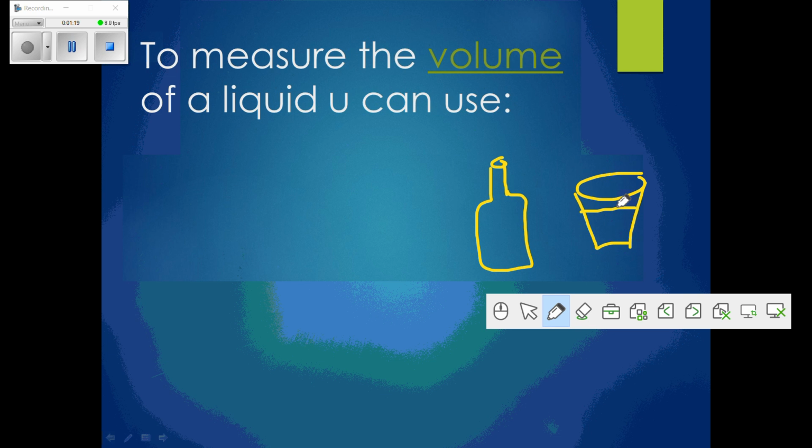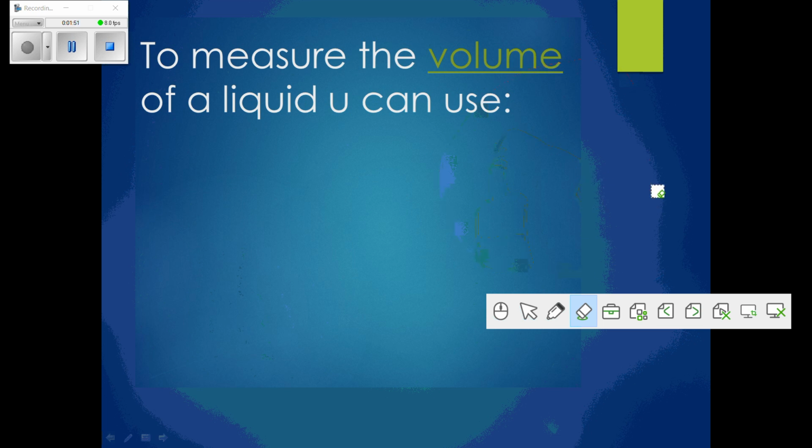And if I pour this water in the bottle, the water will take the shape of the bottle. That means the liquid hasn't its own shape. It takes the shape of the container. The water takes the shape of the glass in the beginning, then it takes the shape of the bottle. So liquid is a state of matter that takes the shape of its container.